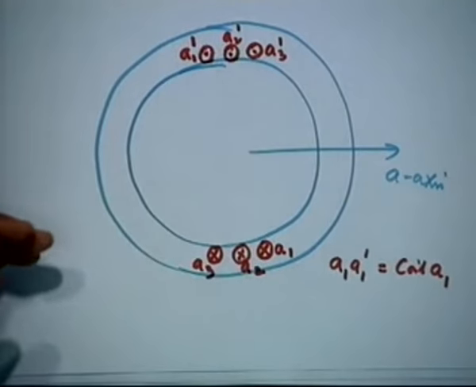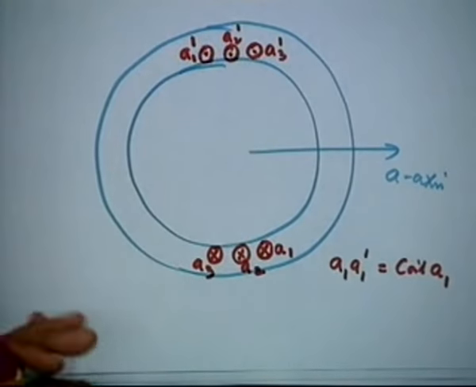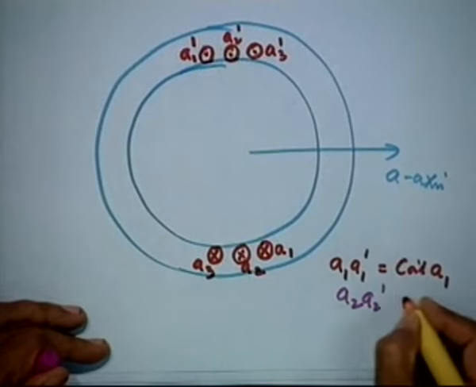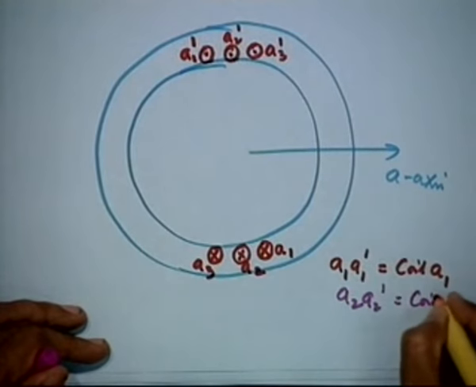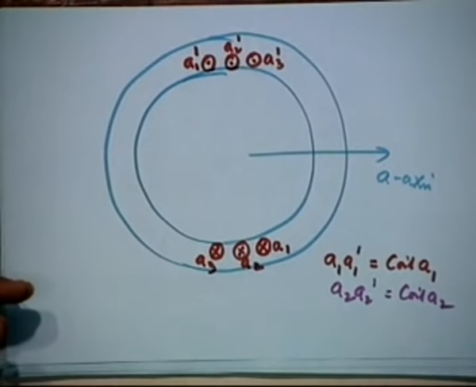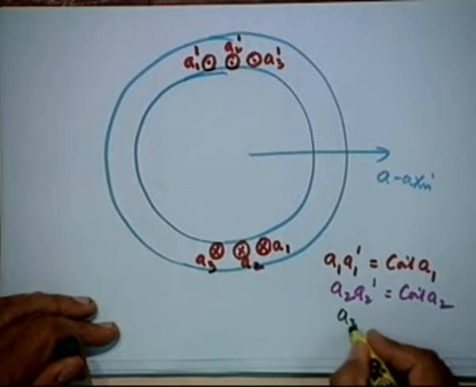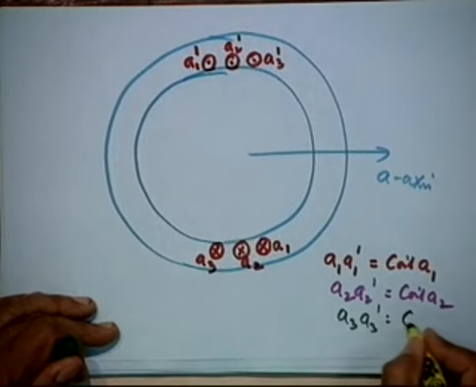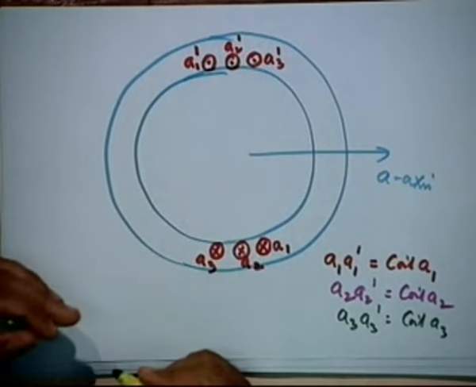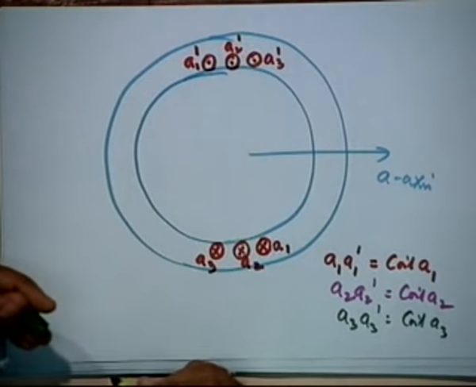And similarly A2 dash, let us say coil A2, right. And third one A3 dash, coil A3. We have 3 coils.